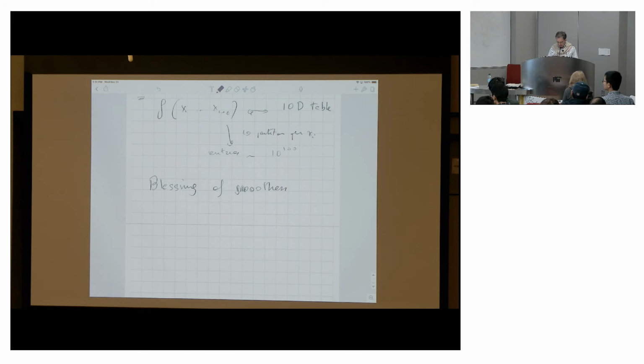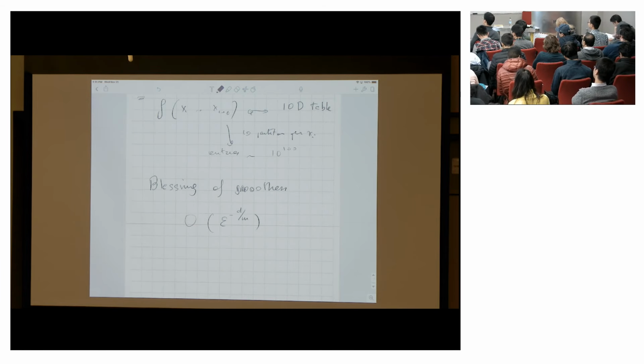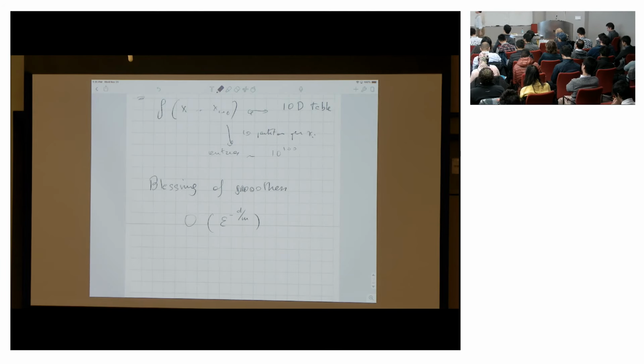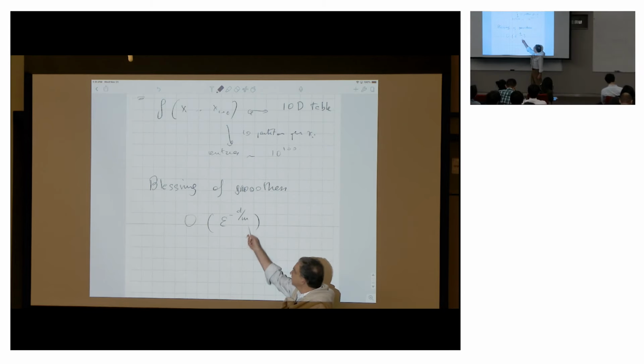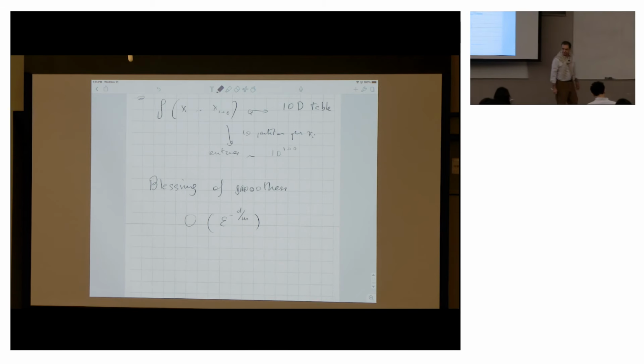And this is because this stuff goes as d over m, where m is essentially the number of derivatives. So if you have a very smooth function, you can make your dimensionality effectively smaller.